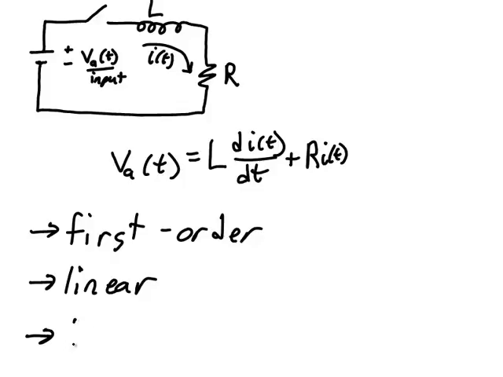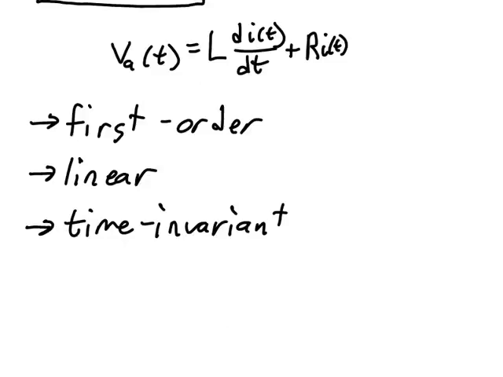We can also tell that this system is time invariant. We can tell that because time only appears in the functions and it does not appear as a variable on its own.